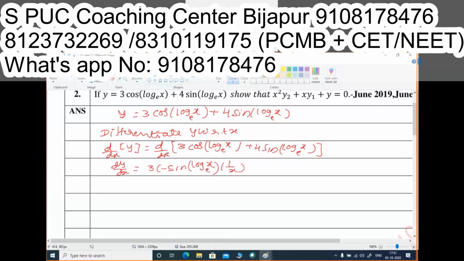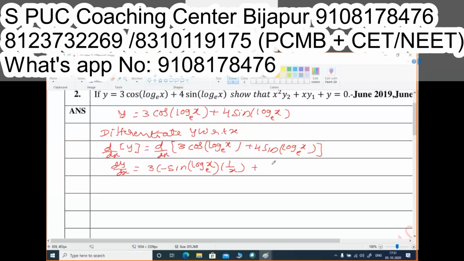See here, that I am going to clarify. 3 is constant, you have taken outside. Cos differentiation is minus sine of anything, whatever it is, log x to the base e here. Next, log x differentiation, that is 1 by x. This term is clear.